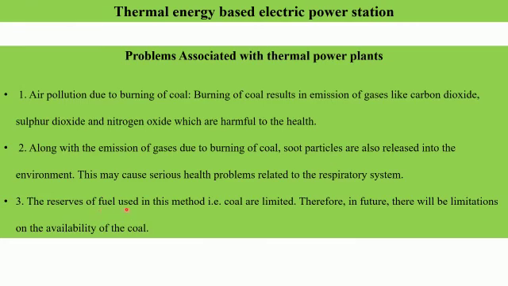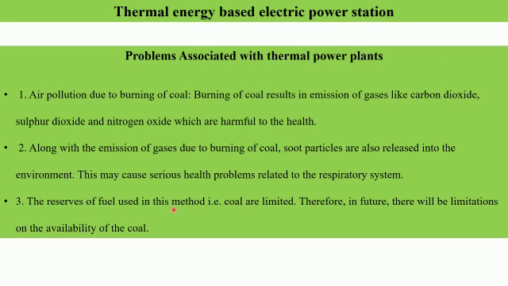The reserves of fuel used in this method, that is coal, are limited. Therefore, in future, there will be limitations on the availability of coal. So we know that coal is a fossil fuel and it was formed millions of years ago when plants and animals got buried inside the ground, and they were acted upon by various pressure, temperature, and catalytic action took place inside the earth and resulted in the formation of fossil fuel.